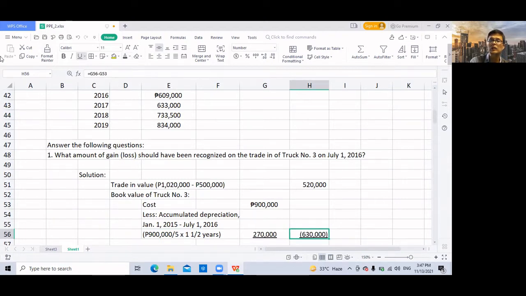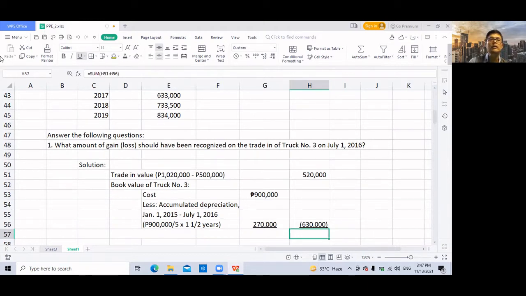So this 630,000 would be compared with the trade-in value, which is the difference between the price of the new truck and the cash paid.